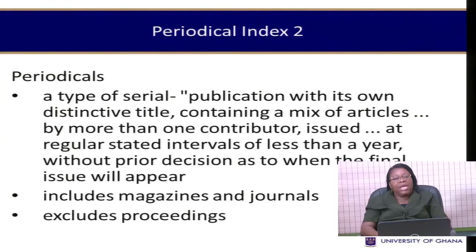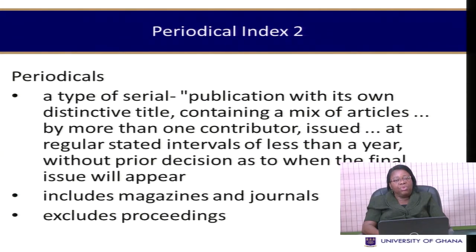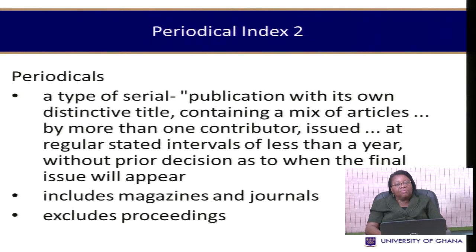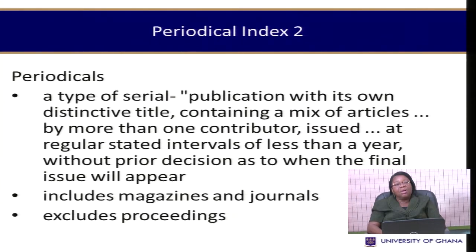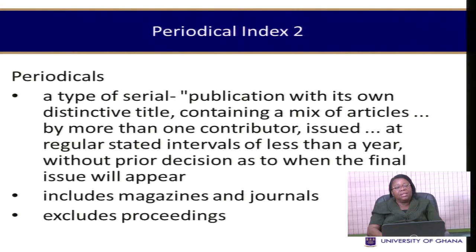I've been mentioning periodicals and periodical indexes, and what are they? They are also serials. They are publications with their own distinctive title, containing a mix of articles by more than one contributor, issued at regular stated intervals of less than a year, without prior decision as to when the final issue will appear.